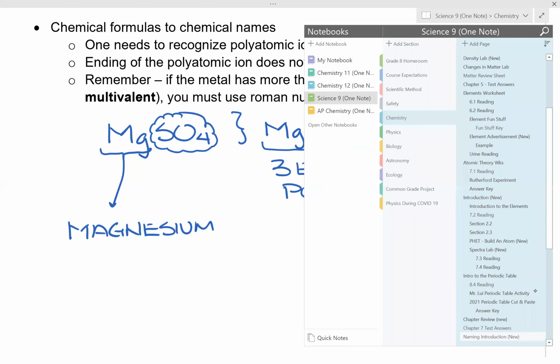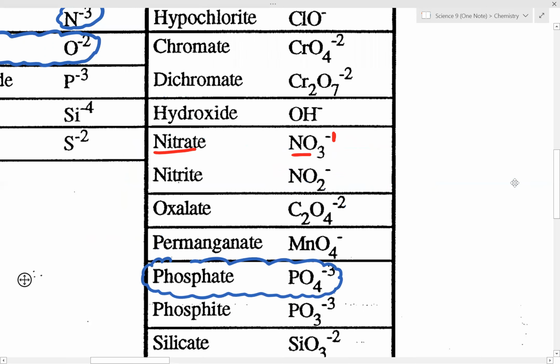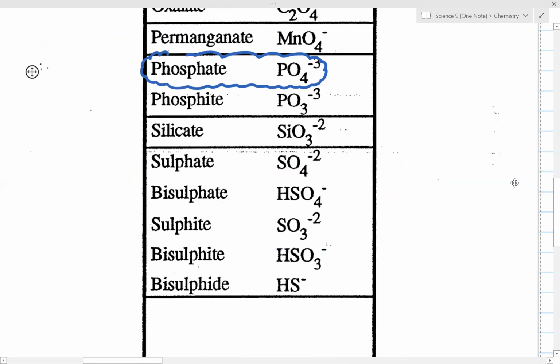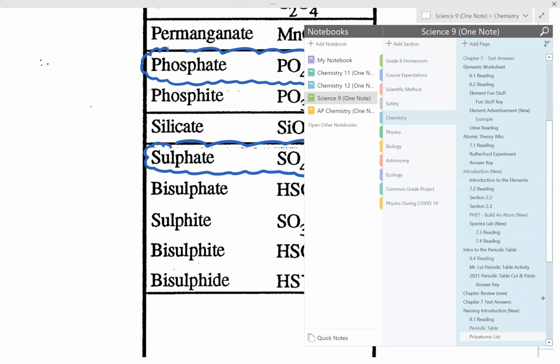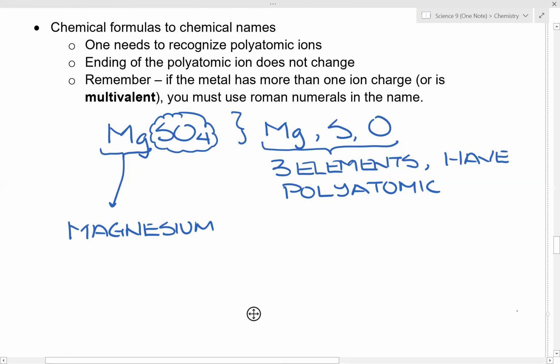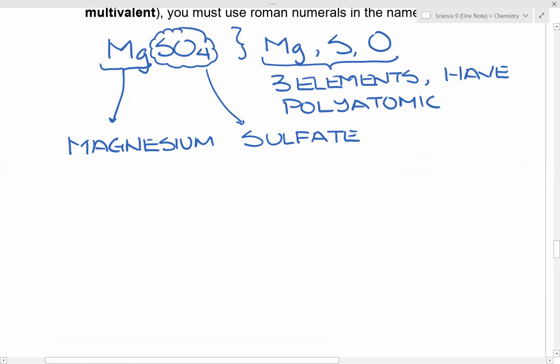So looking at the list of your polyatomic ions, what is SO4? If you look here, SO4 is sulfate. So it's magnesium sulfate. Okay, that's pretty straightforward.